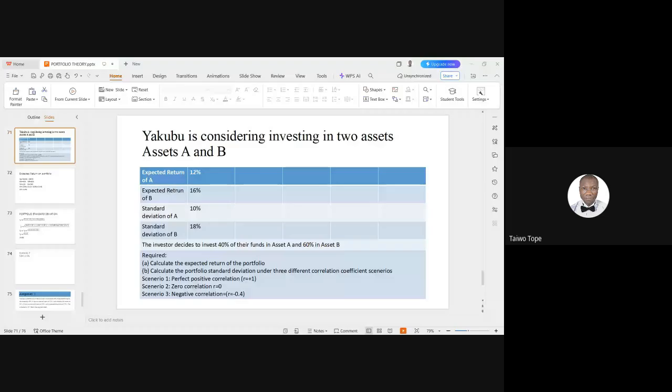Looking at this question, when they talk about alpha, it is the difference between your expected return and your computed return. In the question, they'll give you the expected return, the forecasted return. The computed return is the one you will compute using CAPM.